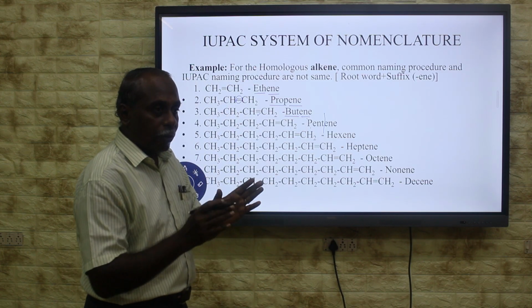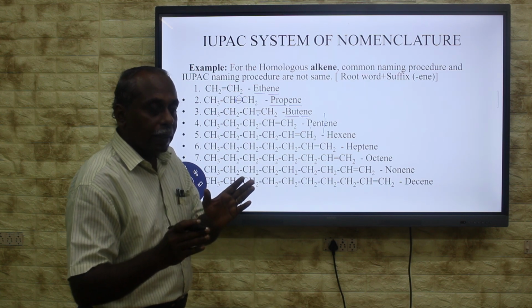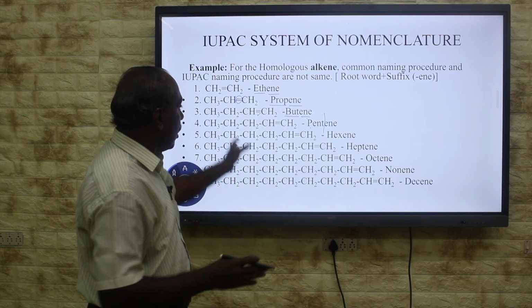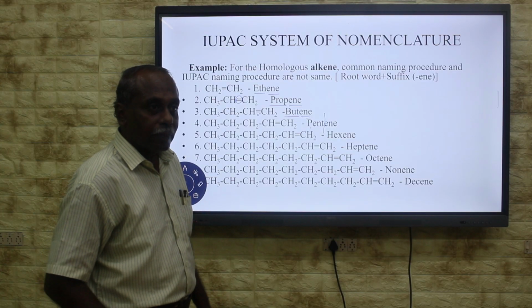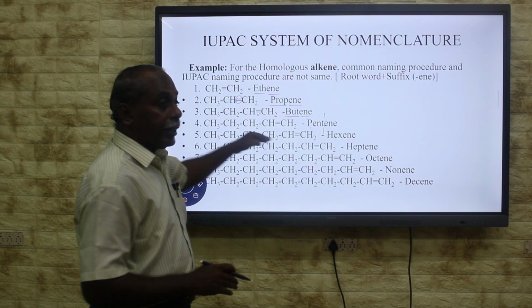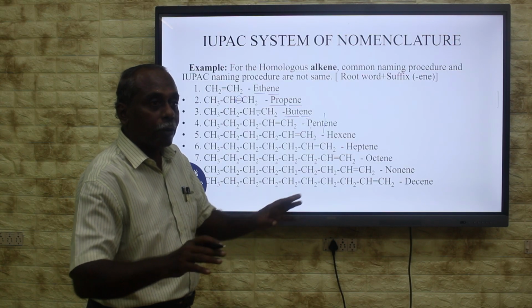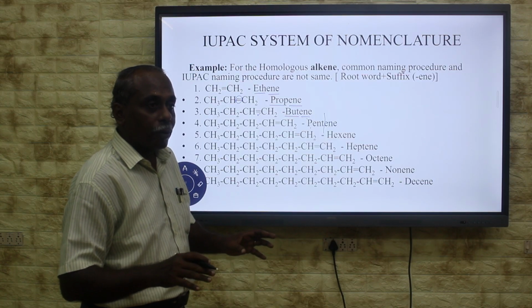Here we are giving only 2 fragments, root word and suffix. There is no substituent in this compound, therefore we leave out the primary prefix. But it is an open chain compound. It is understood, so you need not mention it in the secondary prefix.